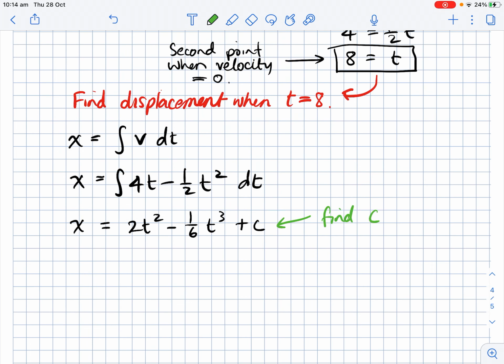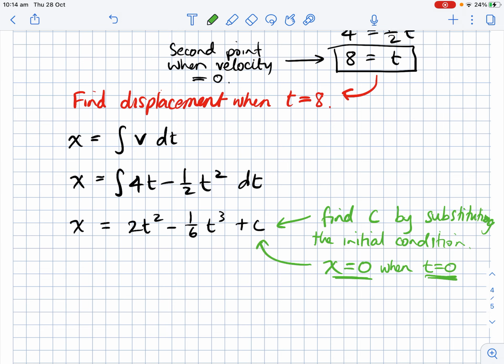And we need to find c by substituting the initial condition. And in this case, because we're talking about position, the initial condition is displacement x equals 0 when t equals 0. So we're going to substitute those values in to find out what c is.